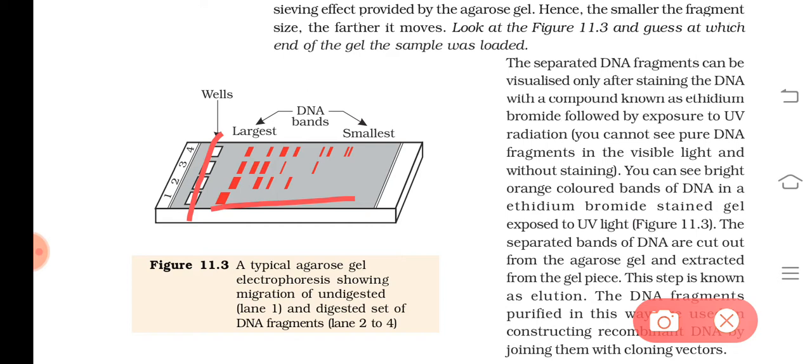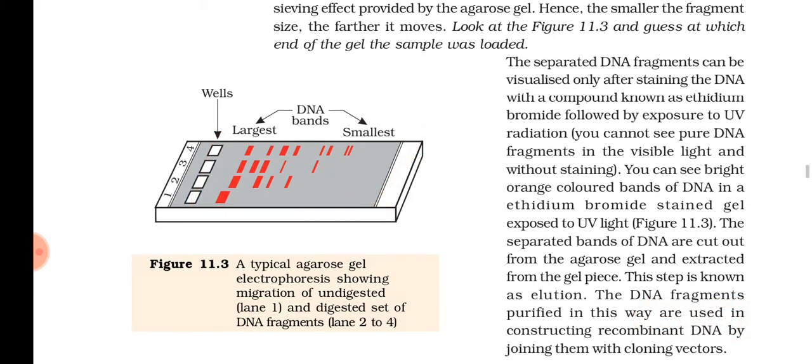The smaller fragments will move fast towards the anode, and in this region the anode will be there. So the smaller fragments will come to the anode fast and the larger fragments will come later.